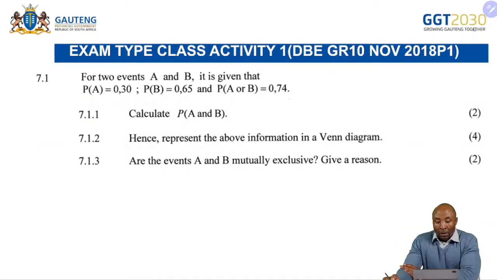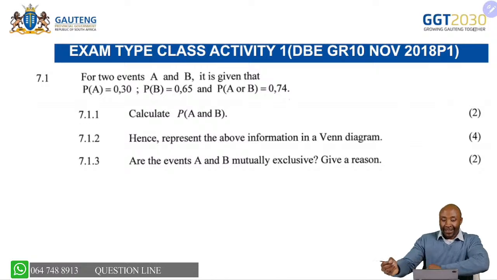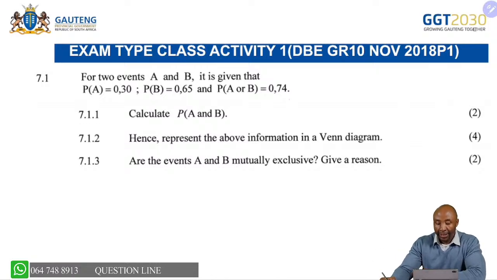Right, welcome back. I hope you had a nice time doing this question. Now, for two events, it is given that the probability of A is 0.30, the probability of B is 0.65, and the probability of A or B is equal to 0.74.